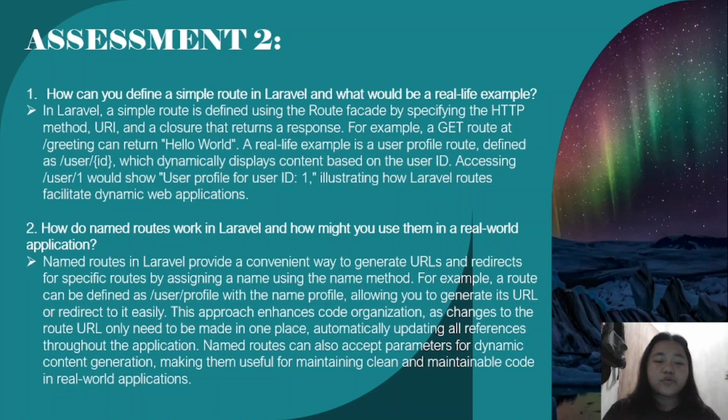This approach enhances code organization, as changes to the route URL only need to be made in one place, automatically updating all references throughout the application. Named routes can also accept parameters for dynamic content generation, making them useful for maintaining clean and maintainable code in real-world applications.